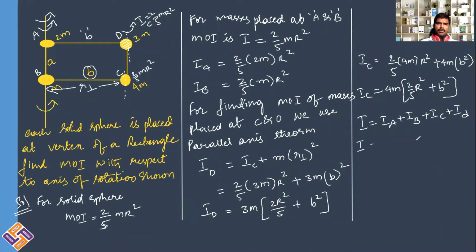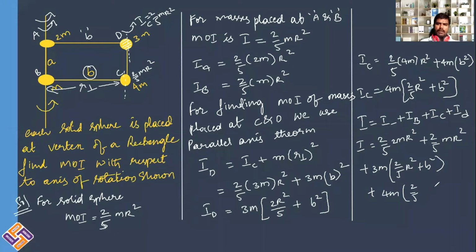That is, I equals 2 by 5 into 2m r square, plus 2 by 5 m r square, plus 3m into 2 by 5 r square plus b square, plus 4m into 2 by 5 r square plus b square.